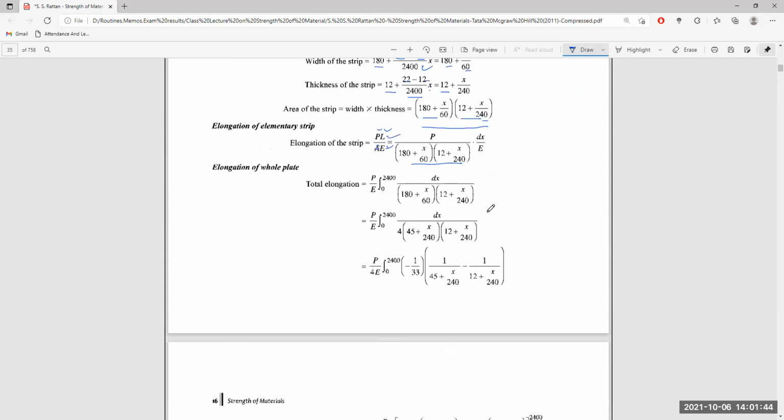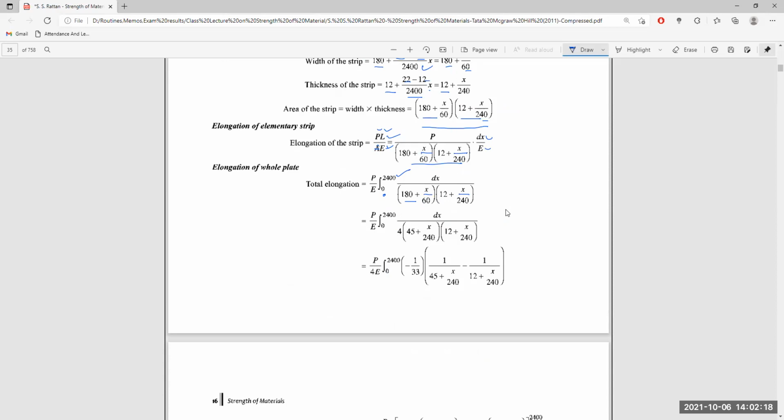Now the elongation of the strip becomes, if we put all these values of P, L as dx, E as E, and this area, P divided by E, which is a constant outside the integration sign, integrated from 0 to the maximum length of dx divided by (180 plus x by 60) and (12 plus x by 240).